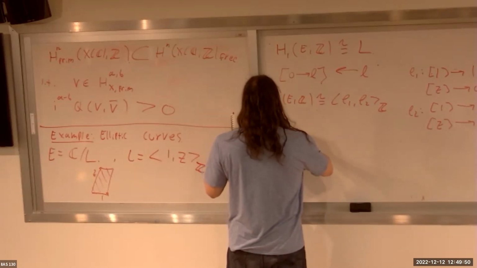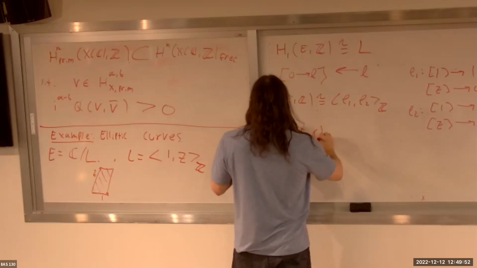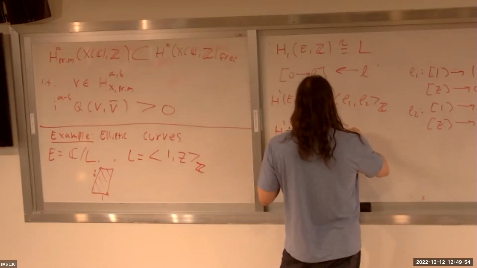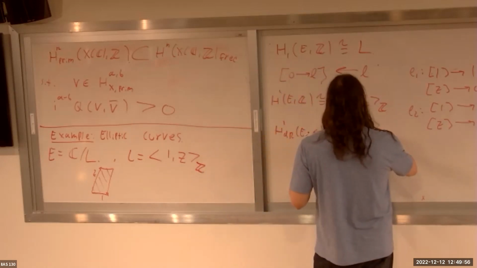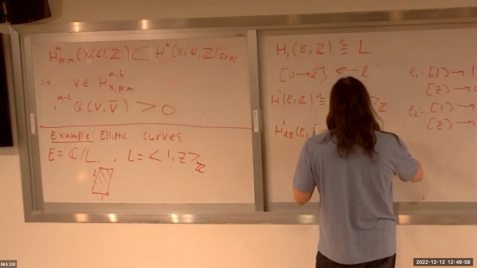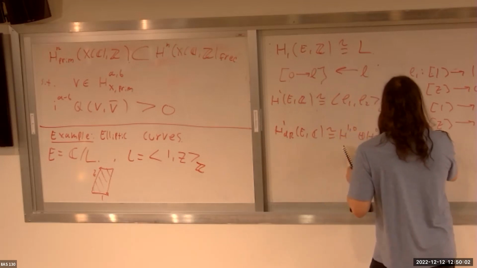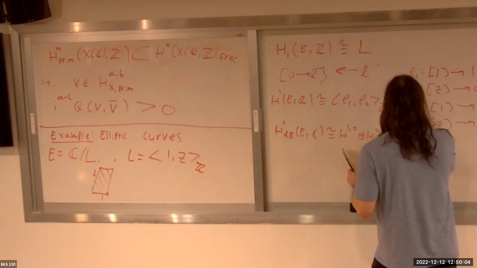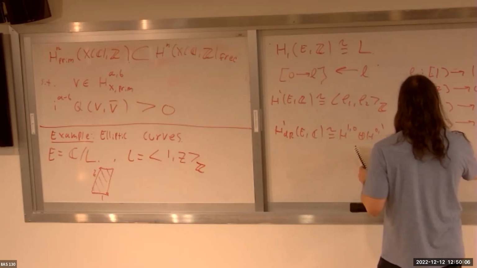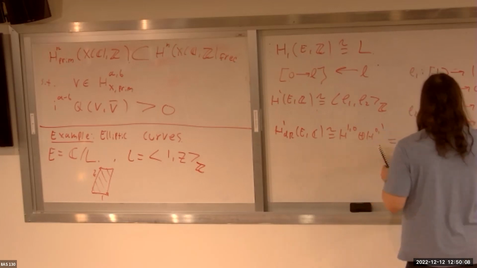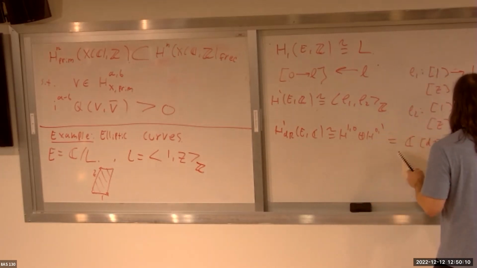So H1 de Rham of E with C coefficients is isomorphic to H10 plus H01, which is its conjugate. And these are spanned by, this actually equals C times the class of DZ plus C times the class of DZ bar.